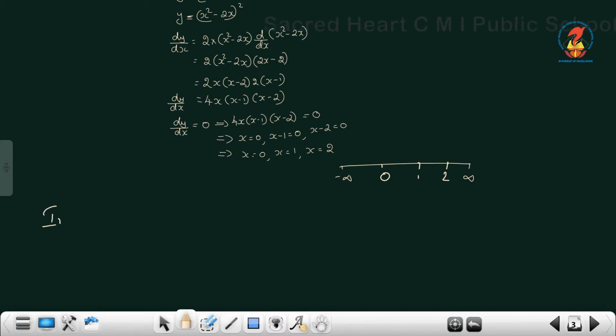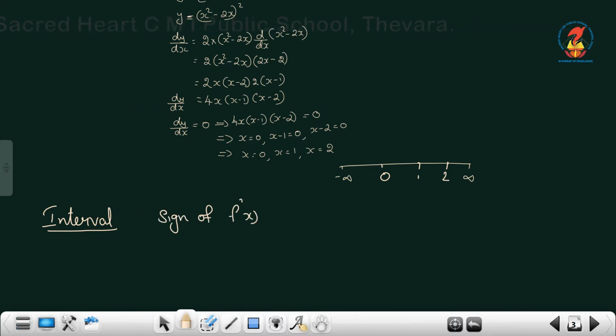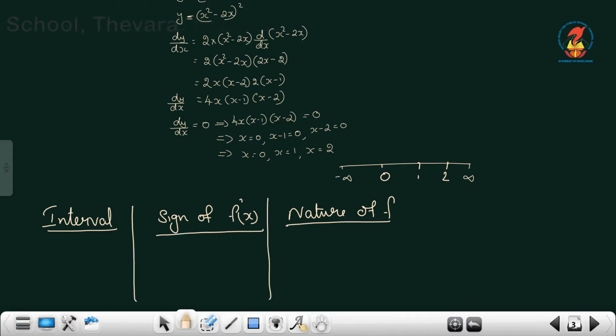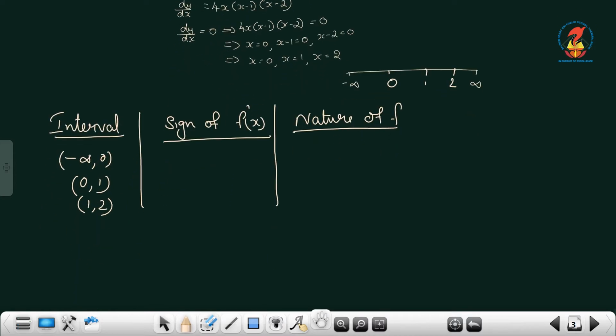How many intervals are there? Make a table with three columns: interval, sign of f dash x, then nature of f. First interval is minus infinity to 0, then 0 to 1, then 1 to 2, then 2 to infinity.